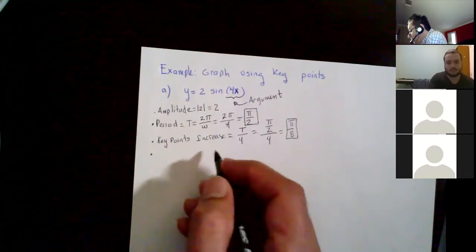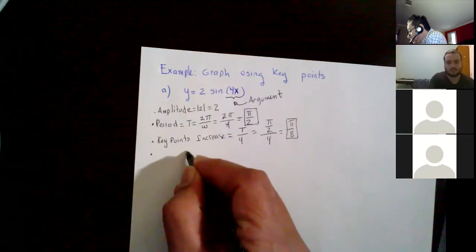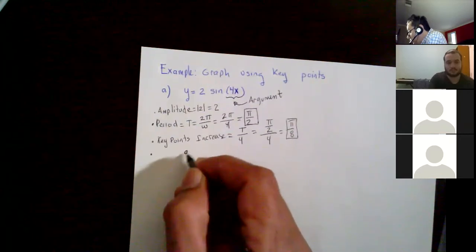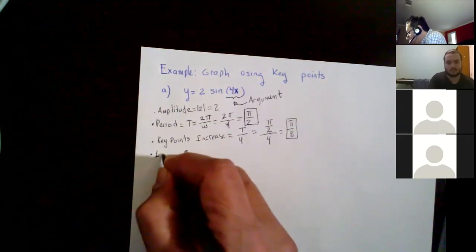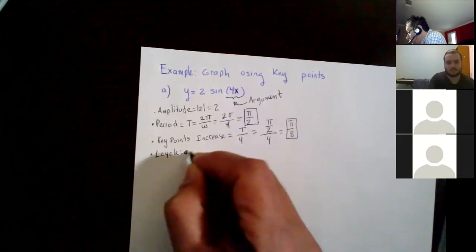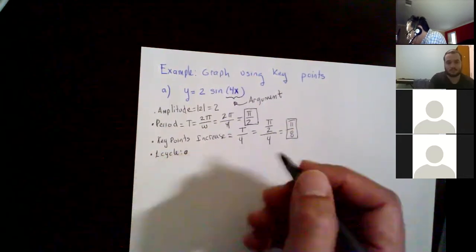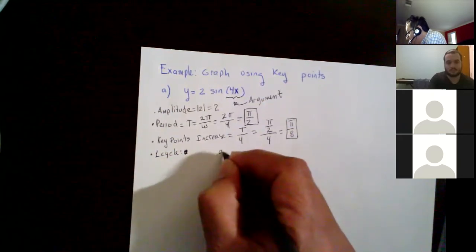We know that a sine or cosine, to find, let me write it, one cycle, you guys. Forget about this, and let me write it right here.